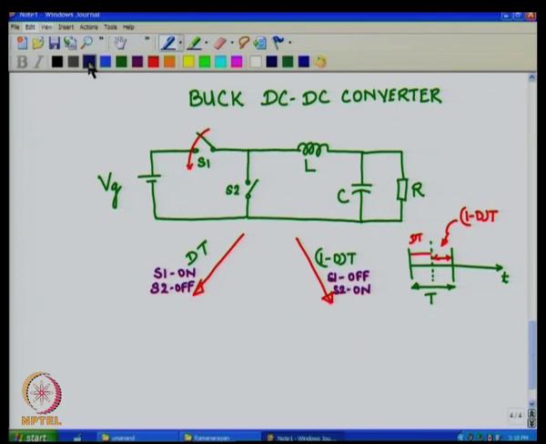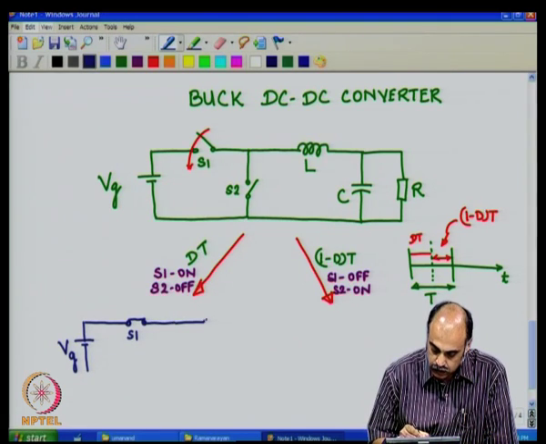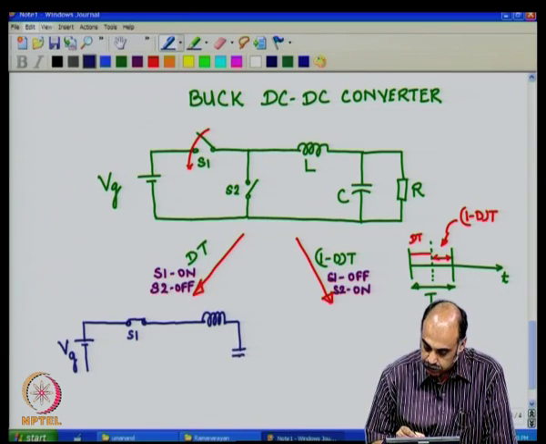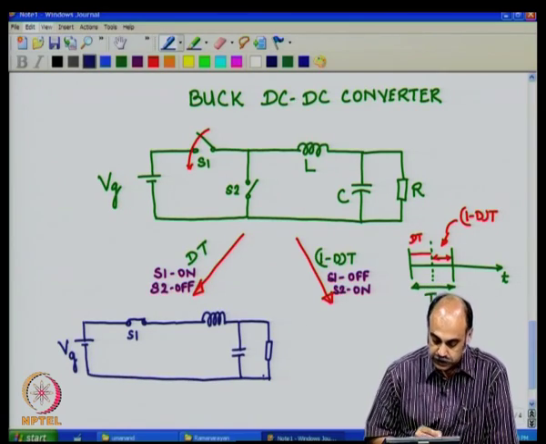So, during dt, what happens to the circuit? How does it look? During this period, you have the supply Vg, the switch S1 is on, and it drives directly through the inductor, capacitor, resistor in this fashion.